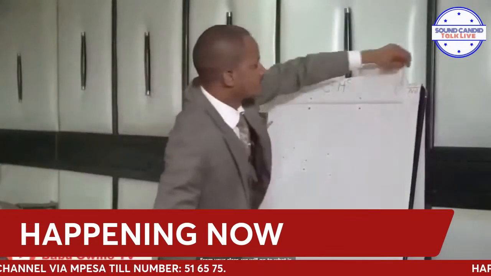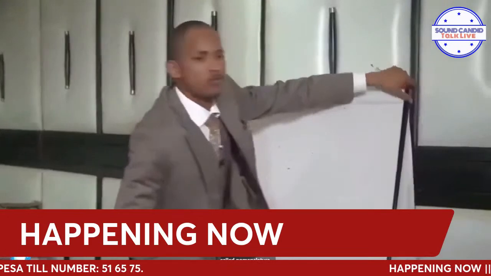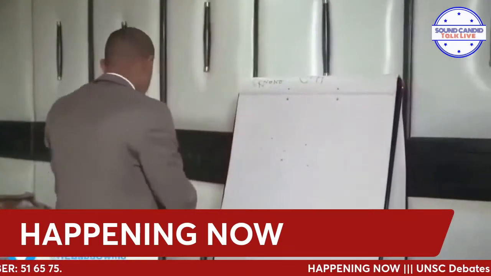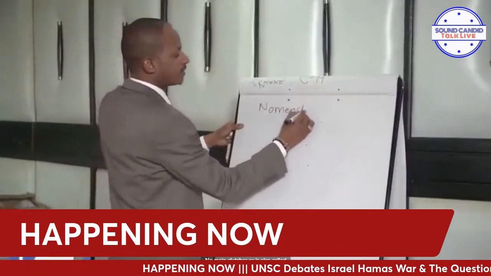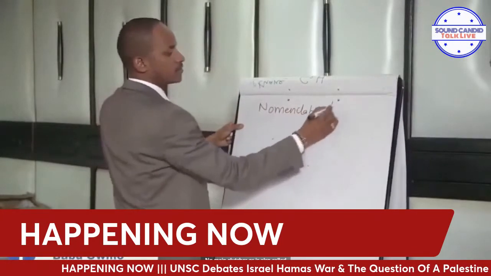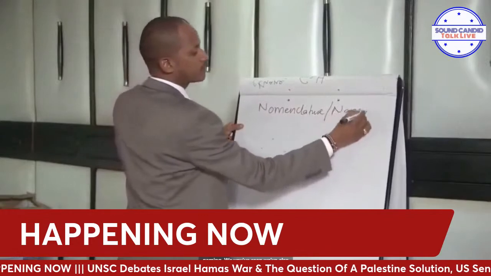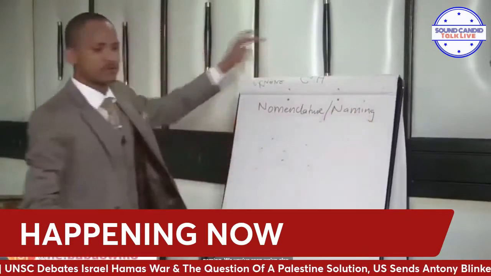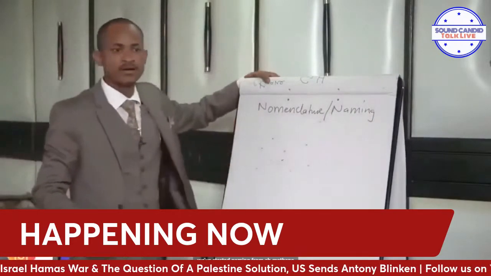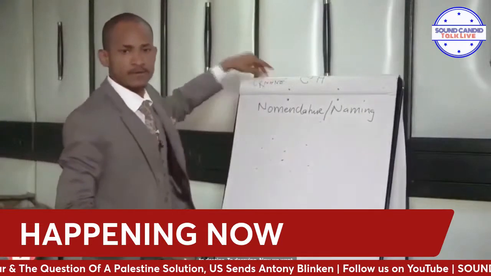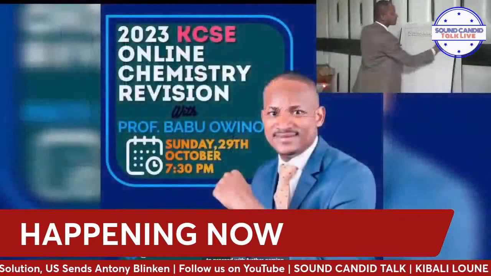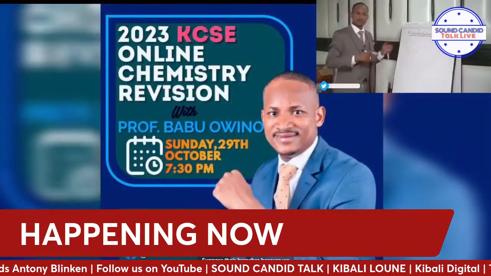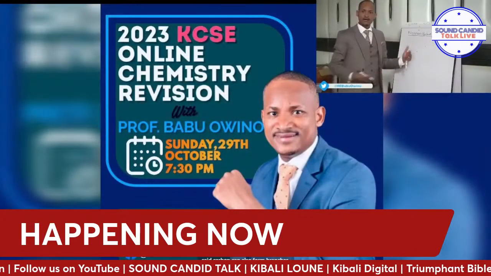From here, class, we will go to what is called nomenclature, or naming. You've seen we've started naming from methane to decane. Now we want to proceed with further naming. Suppose there are branches, because we said carbon can also form branches.